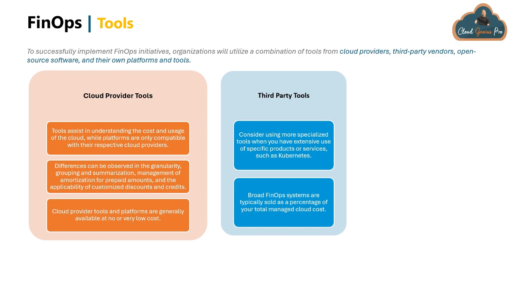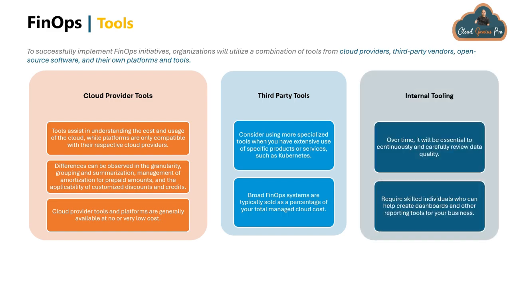Tools like Apptio, Cloudability, or CloudCheckr, Dome9 are available in the market which organizations are adopting nowadays, but they pay a certain percentage of their overall cloud cost. These tools are predominantly available as a SaaS service, and when the organization adopts them, they have to pay a certain percentage of their overall cloud consumption. It could be 5% or 10%. It depends on the negotiation with the vendor.